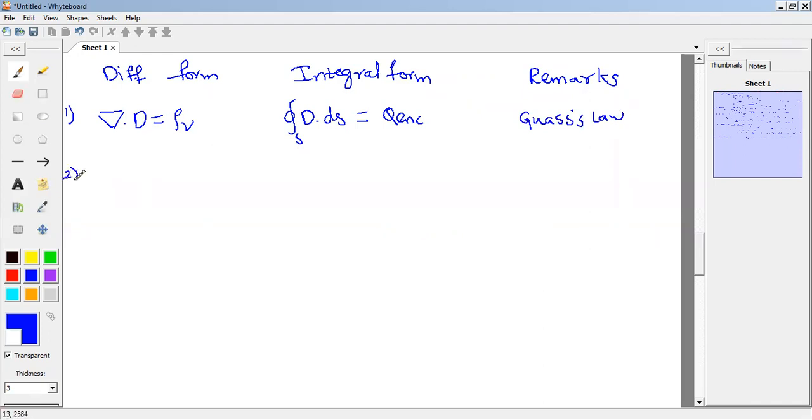The second Maxwell's equation, the differential form, is del cross E equal to 0. Then we can write the integral form as the closed integral of E dot dl equal to 0. We derive these equations from the electric potential.